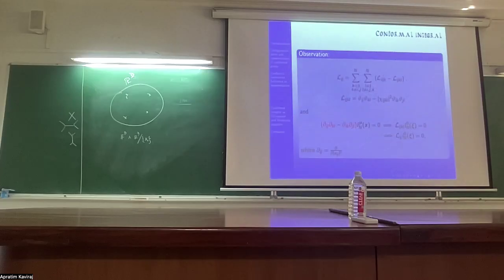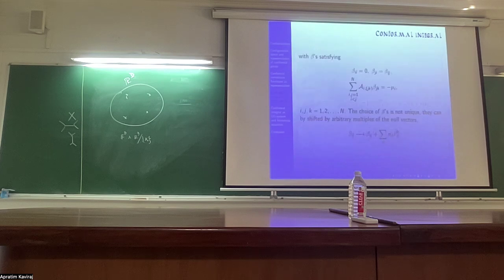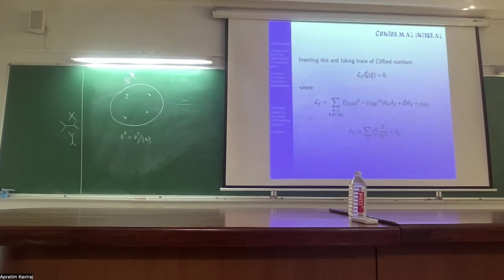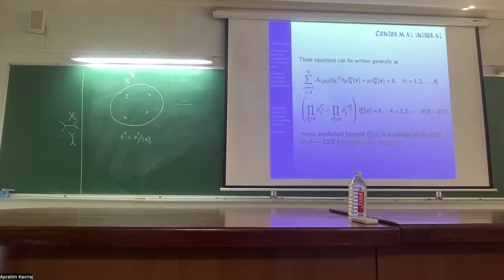So in the end, I have this equation to be satisfied. I have betas too. So all in all, this is what I have. These equations can be rewritten as this. So I have A here. This is the Euler operator with respect to xjk squared on I mu.